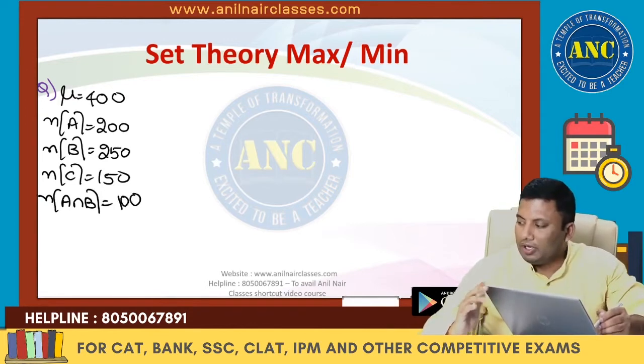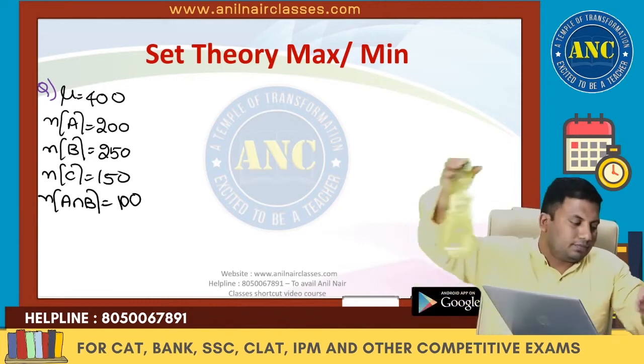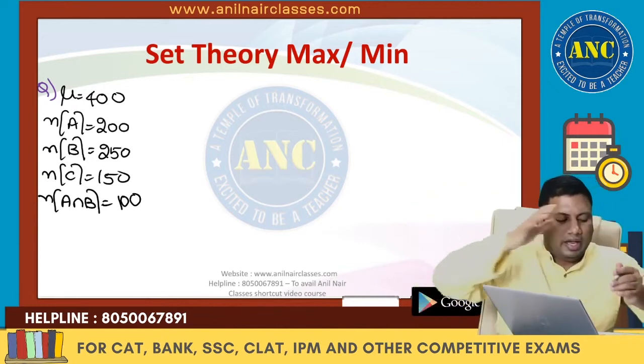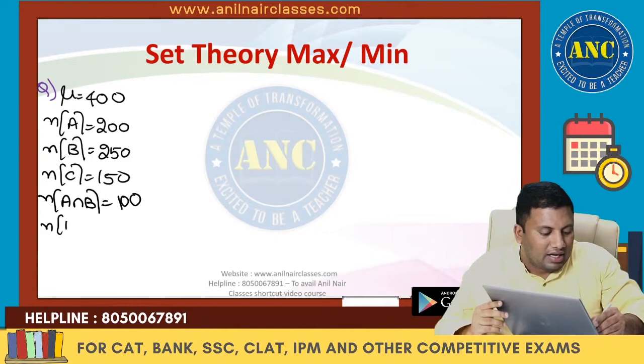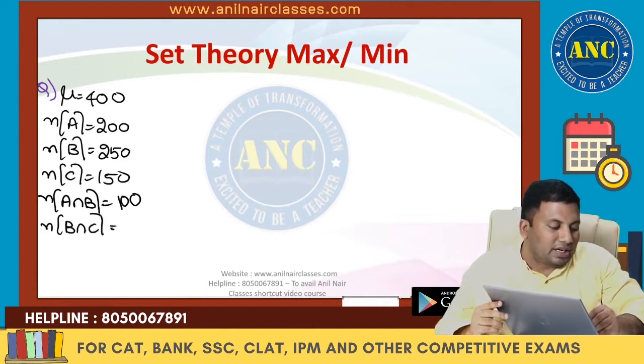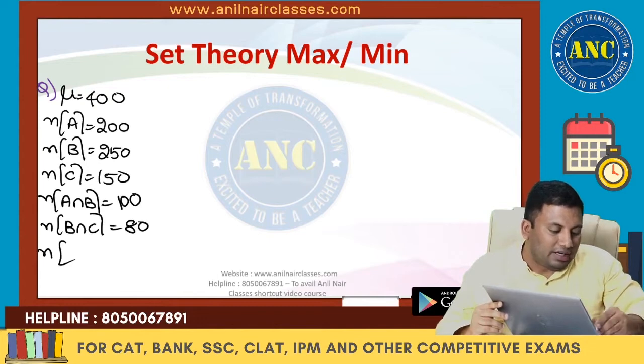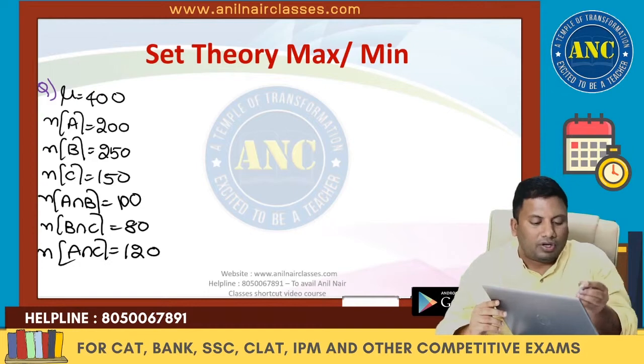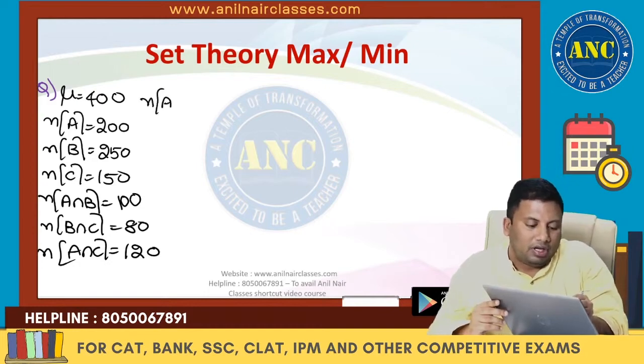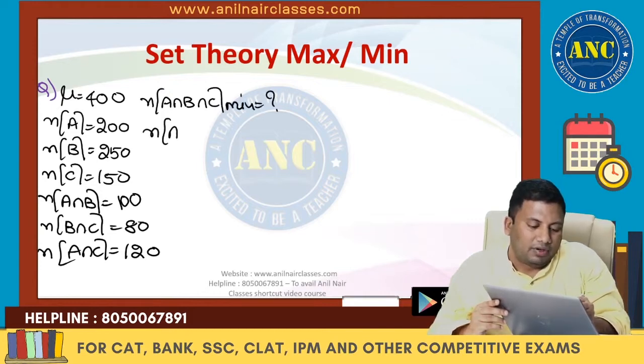N of A intersection B is 100. N of B intersection C is 80. N of A intersection C is 120. N of A intersection B intersection C minimum we need to determine, and N of A intersection B intersection C maximum we have to determine.